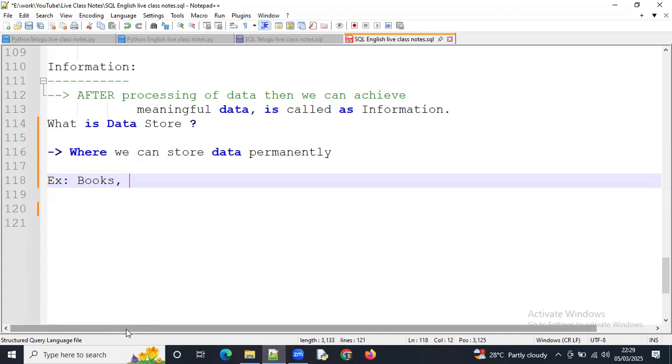So before using computers, we stored our data in the form of books, and not only books.